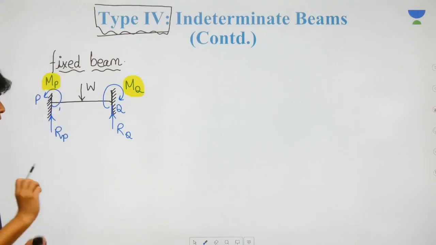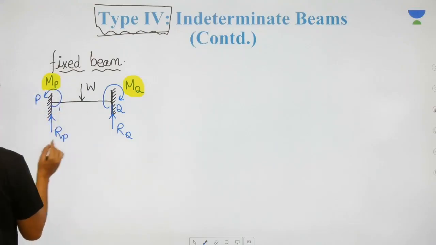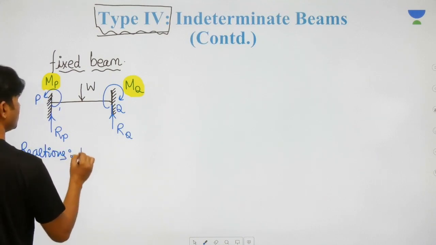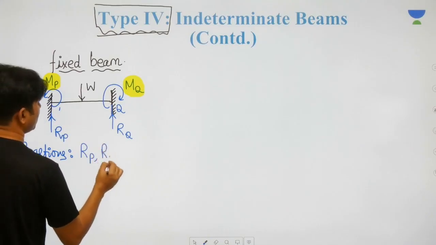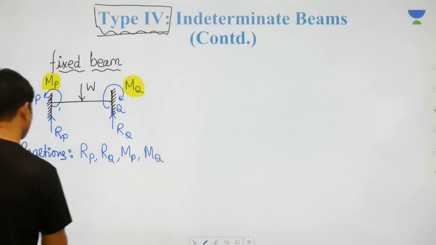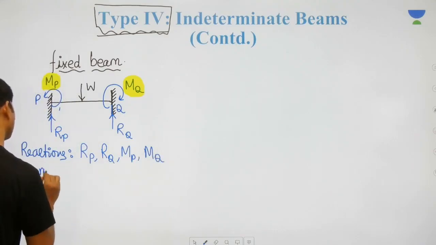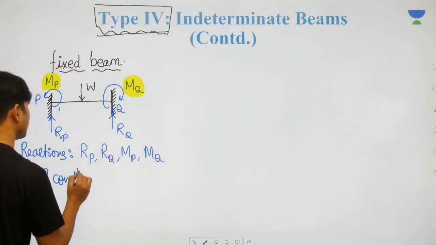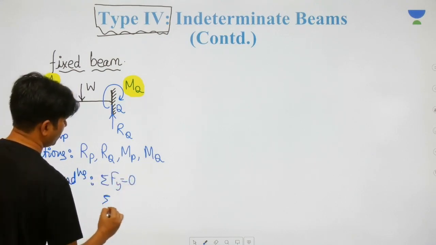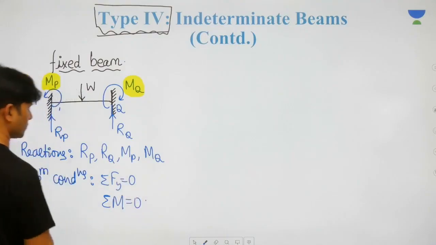Now you have 4 unknown reactions available here. What are these 4 unknown reactions? These are RP, RQ, MP and MQ. What are the equilibrium conditions available? We have sigma Fy equal to 0 and sigma M equal to 0.